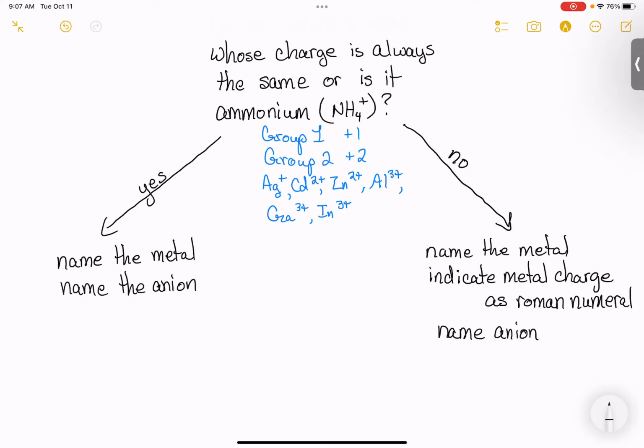This second part is the hard step because you're going to have to calculate the charge.